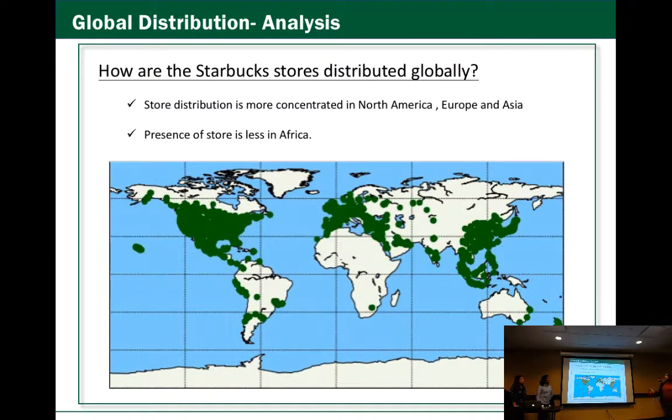So going on to the global distribution, as you see, North America has more density of stores compared to the rest of the world. After North America, Europe and Asia have a little presence of stores, but continents like Africa or Australia don't have that many stores.